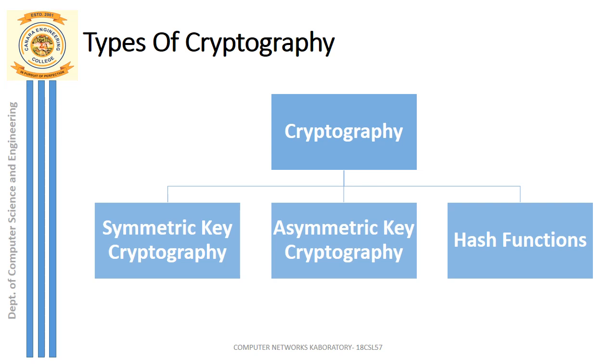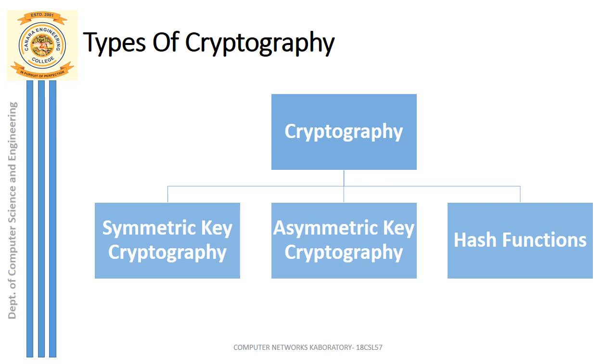Now we will discuss types of cryptography. Cryptography can be broadly classified into three types based upon the key used for encryption and decryption. The first type is symmetric key cryptography, where the same key is utilized by sender and receiver for encryption and decryption respectively.